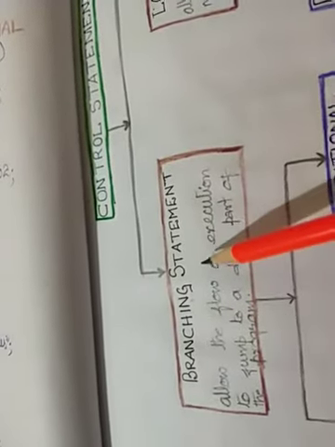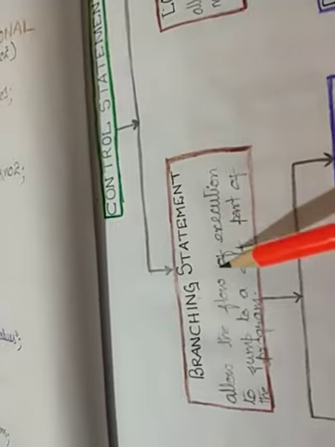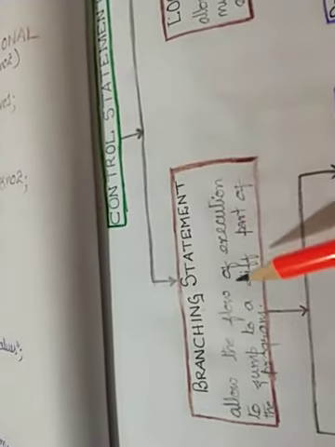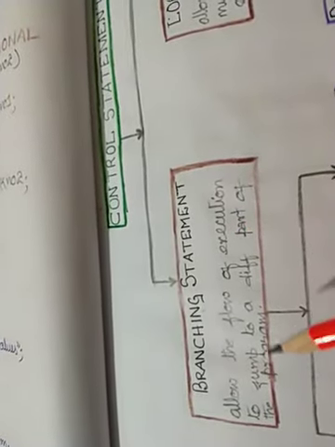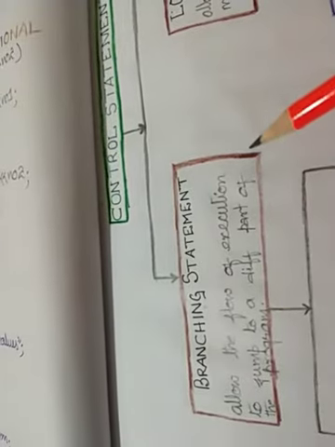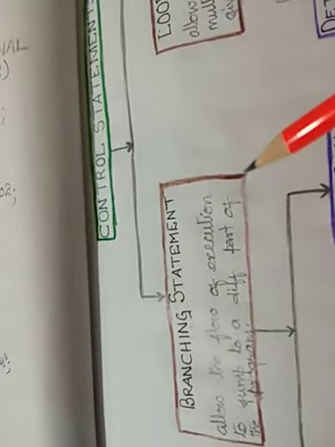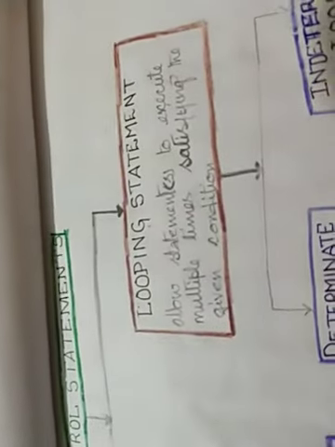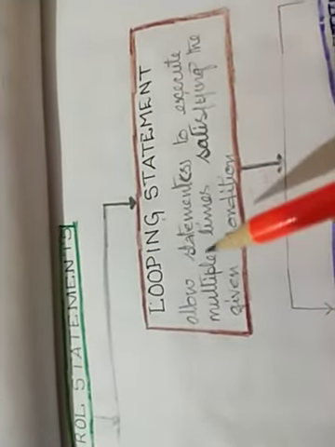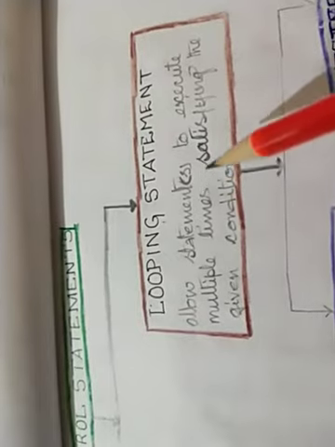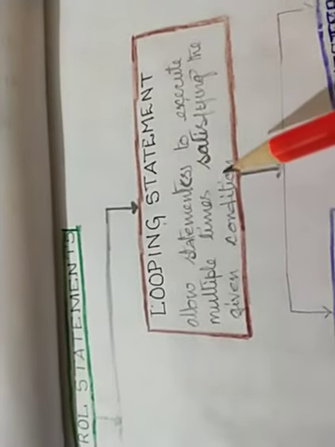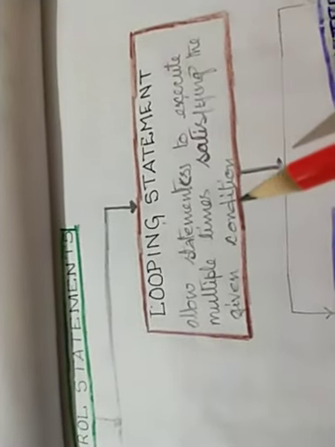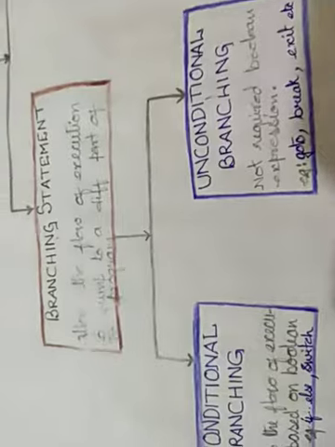So what is a branching statement? These statements allow the flow of execution to jump to a different part in the program. And the second one is the looping statement, and these looping statements allow the statement to execute multiple times satisfying the given condition.